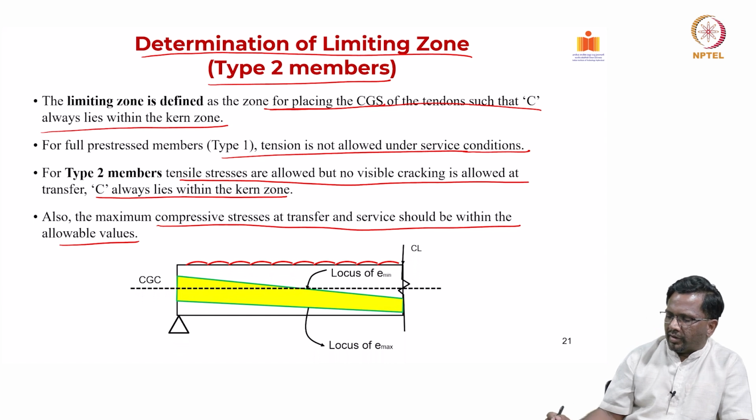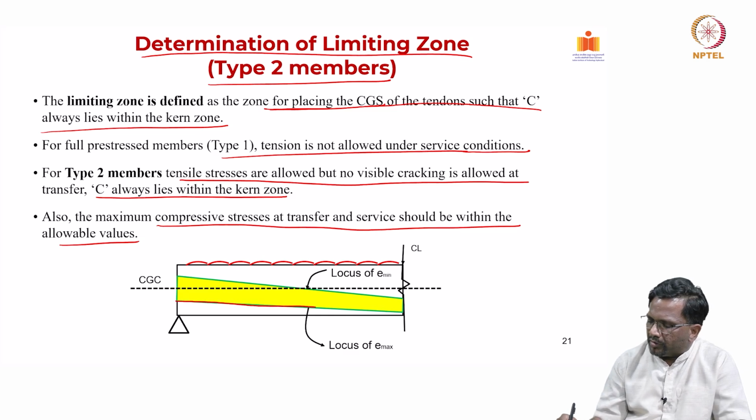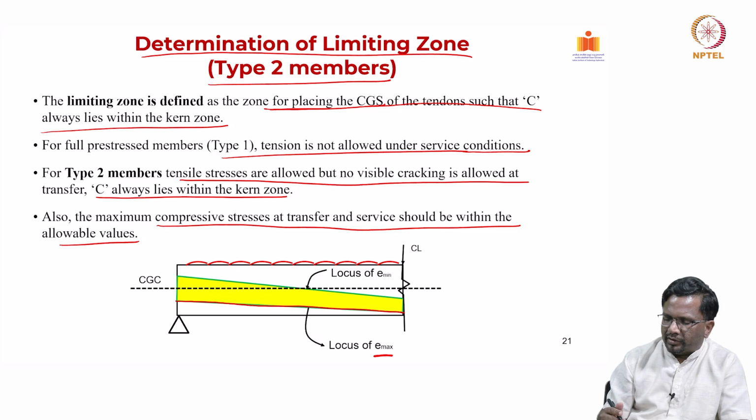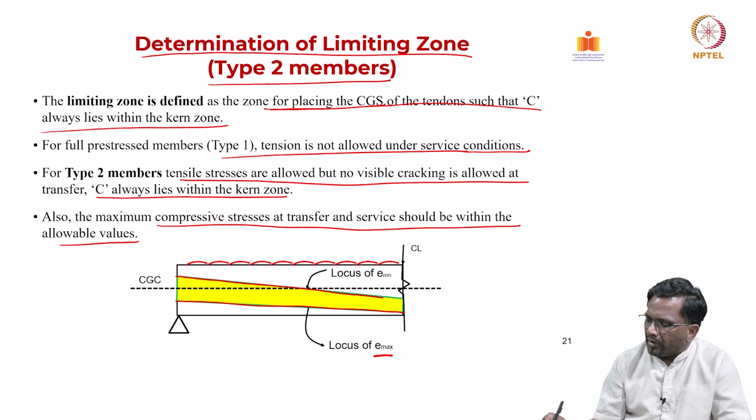Now this is what a typical section looks like. This is your CGS, and if you see the bottom, this is the maximum eccentricity allowed in each cross section, and this is the minimum eccentricity that is allowed in a cross section.